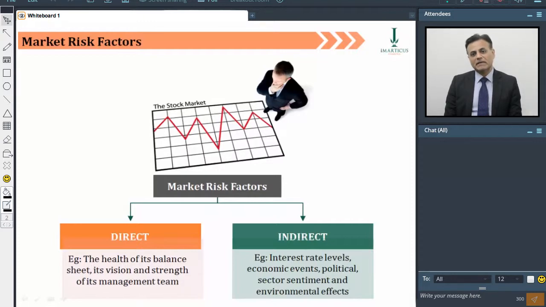Indirect is dependent on various other factors which indirectly impact and create market risk. Things like changes in interest rate levels or economic events or any political or any other environmental risks.